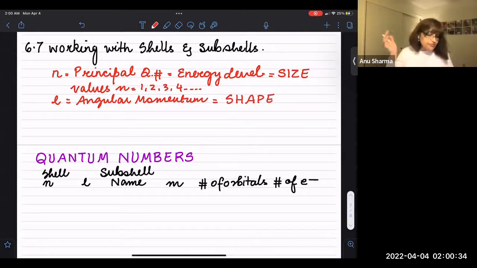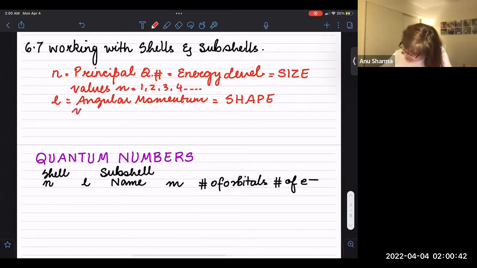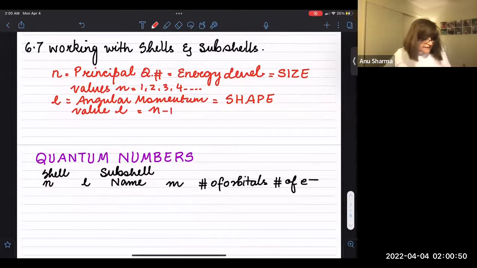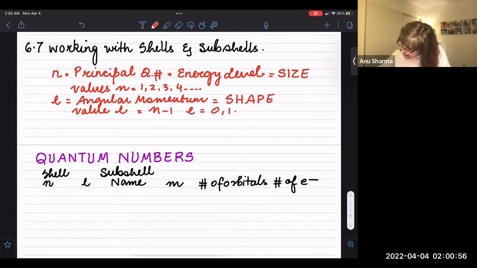In other words, in 3 dimensions, the shape of the orbital, the place where the electrons are found. And the value of L ranges from 0 up to n minus 1. So L is equal to 0, 1, 2, 3, and so forth.